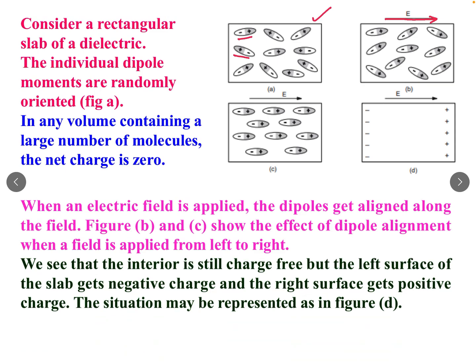We see that the interior is still charge free, but the left surface of the slab gets negative charge and the right surface gets positive charge. This situation may be represented as in figure D.